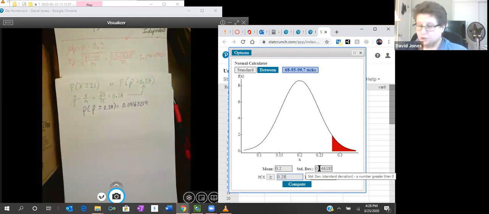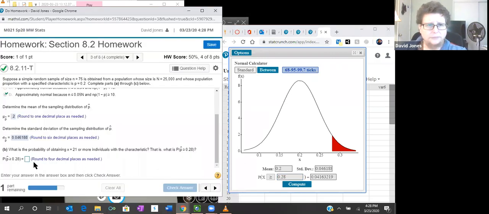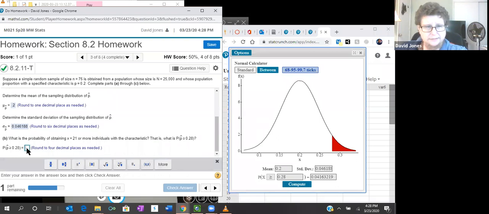That's what you're going to have to do. Let's come back here and take a look. 4 decimal places. I had 0.04163. The 3 I would round down, so that's going to be my answer.